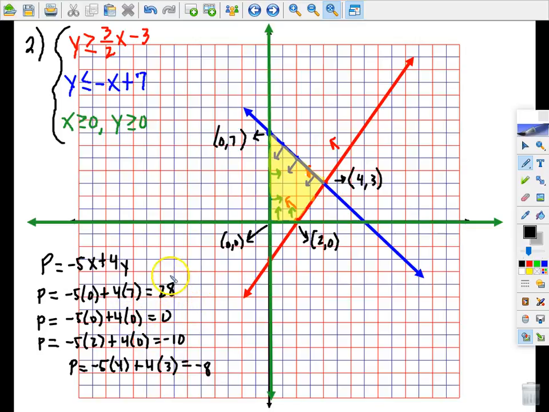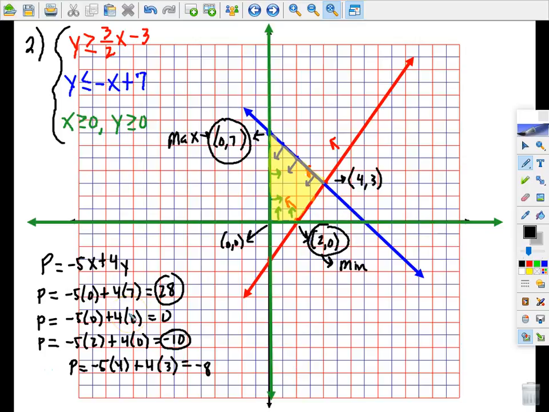Okay, well obviously the highest value for p occurs here, so we're going to label (0, 7) as our maximum. The lowest value is -10, which occurs at (2, 0), so we're going to label that ordered pair as our minimum. Okay, so maximum occurs at (0, 7), minimum occurs at (2, 0).